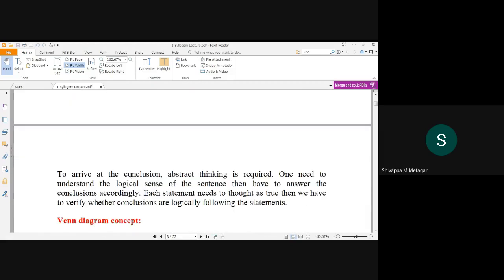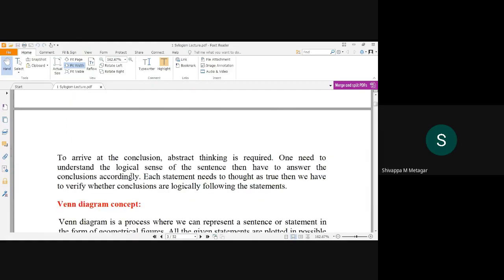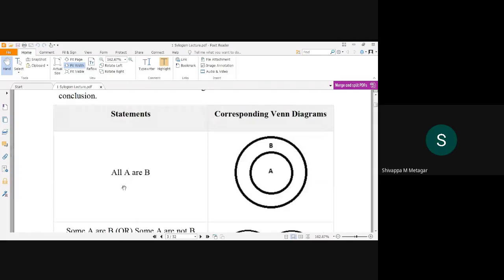Here, especially, we have to use three main syllogisms. First, how we represent the Venn diagram to solve syllogism problems. How do we represent it if the given statement contains "all A are B"?